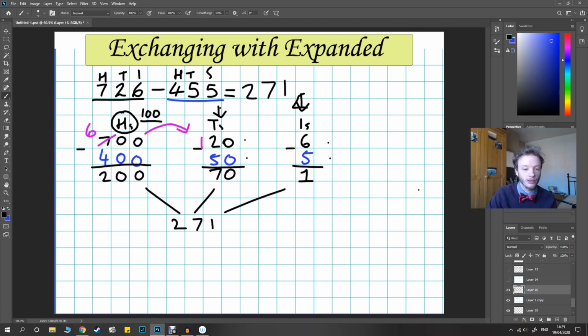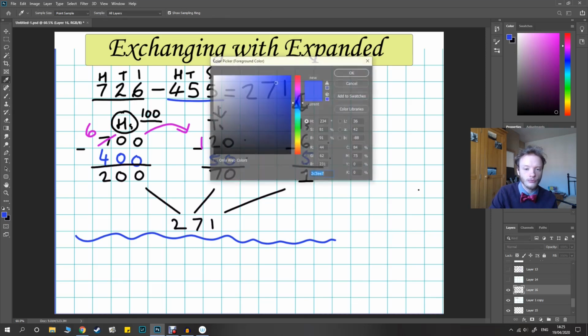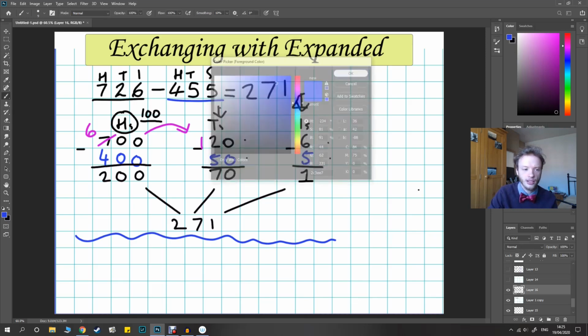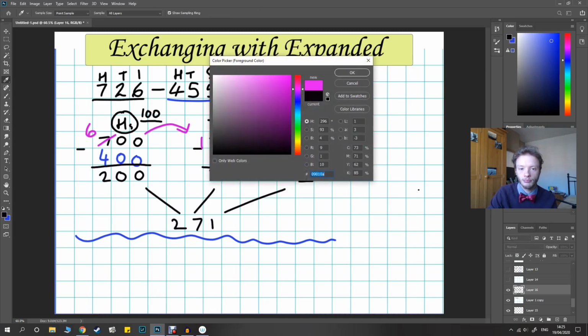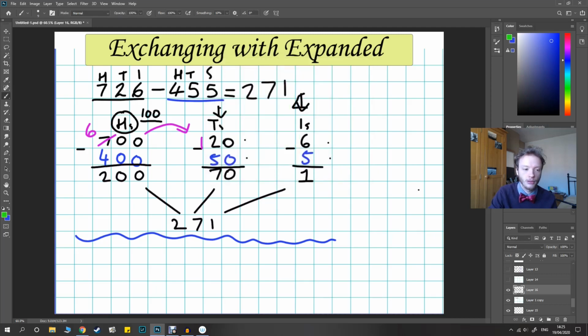I'm going to show you what that would look like with the Dienes, in case that's helpful for you. So I will just do a quick squiggly line underneath. Let's use blue, and let's use green. So for the ones, obviously I had 1, 2, 3, 4, 5, 6.